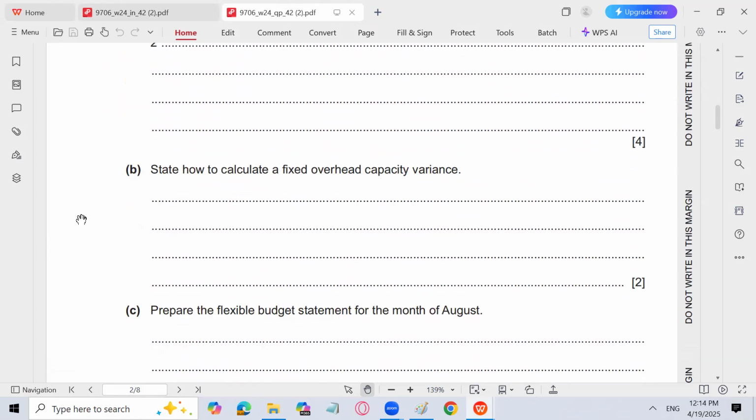Explain how to calculate fixed overhead capacity variance. Fixed overhead capacity variance is the difference between budgeted overhead cost and actual overhead cost. Actual overhead cost is normally given in the question. How is budgeted overhead cost calculated?